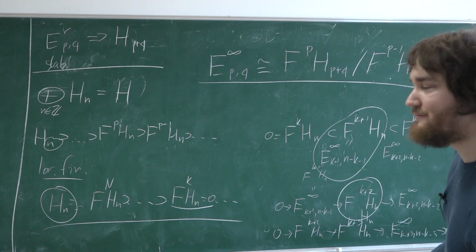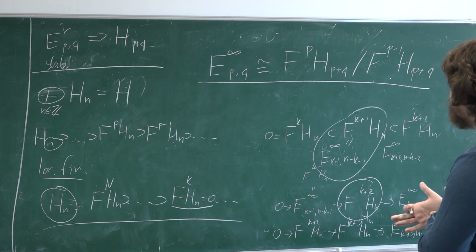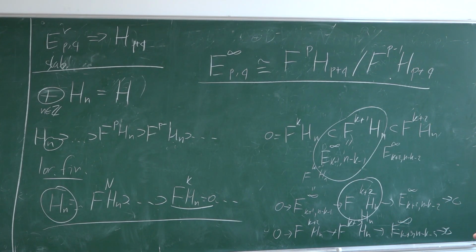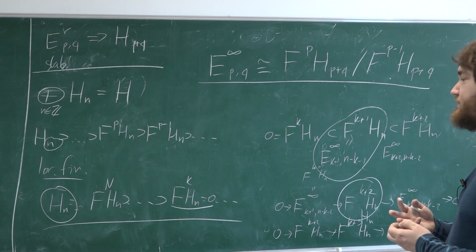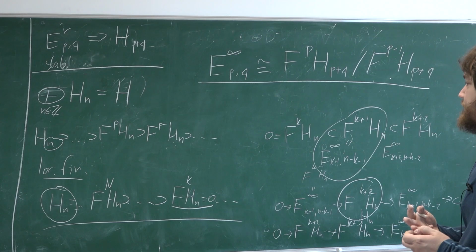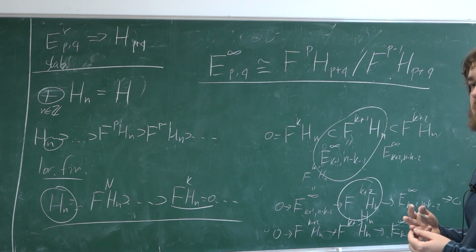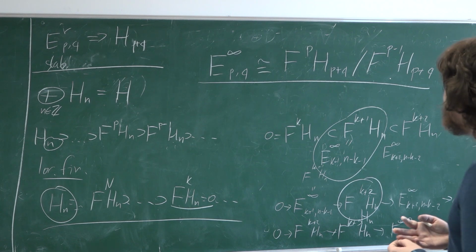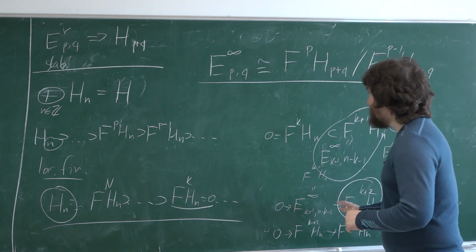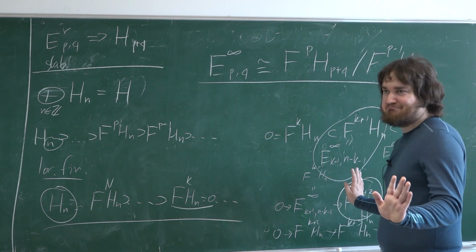Okay, and the second question is, from this construction we can see that these calculations really depend on k. So I think that these E^{P,Q} infinity are not, from this procedure, defined for arbitrary P and Q, but for... No, here I assume that we know the whole infinity page, of course.